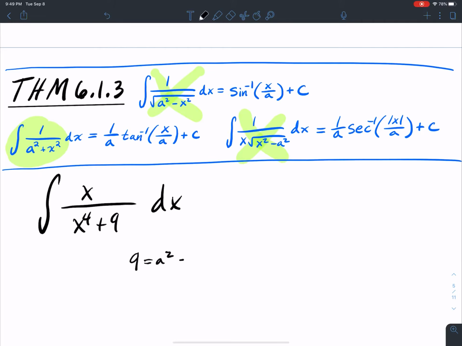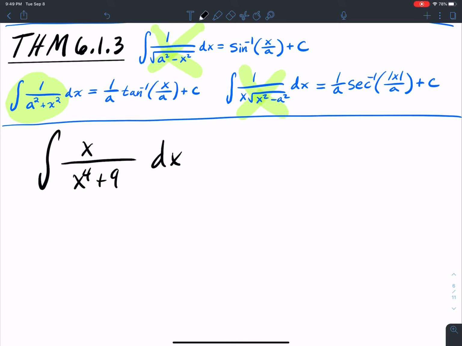But I've got an x to the 4th here, and this is x squared right there. So that's really at odds with what I'm trying to do. And then I have this x up top, so it looks like I have a differential of x dx. So maybe I have a u of something one power bigger than x. So let's try that. I want to write this in a way that it's squared.